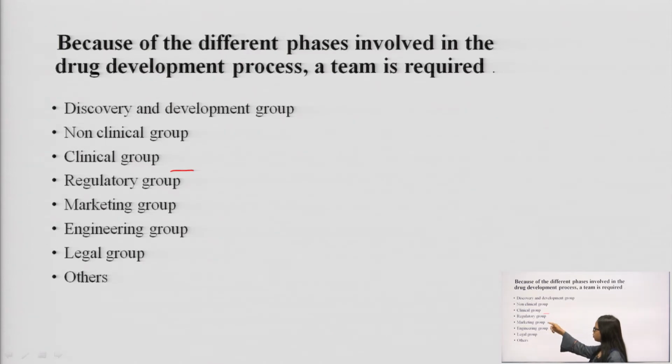The regulatory group also regulates the drug after approval, through post-approval surveillance in the market. Next is the engineering group, which handles machines. Next is the legal group, which makes legal documents for approval of the drug, and various other teams.